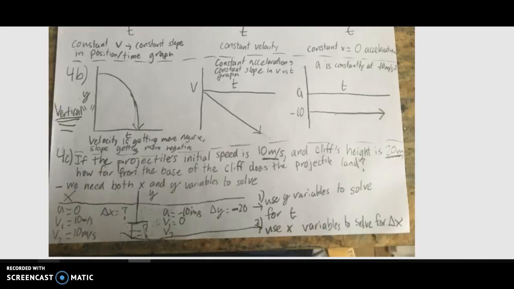Now that we have our y variables, we can solve for t using the equation we find later. And for our x variables, we can use t to solve for delta x. So t is great because we can use it for both x and y. It is not in a specific category because t is a constant.